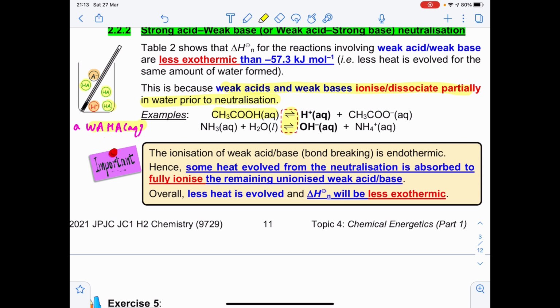So overall, instead of 57.3 kilojoules of heat being released when 1 mole of water is formed, because some heat has been absorbed during neutralization to fully ionize the remaining unionized weak acid or weak base molecules, less heat is released. So the enthalpy of neutralization will be less exothermic.